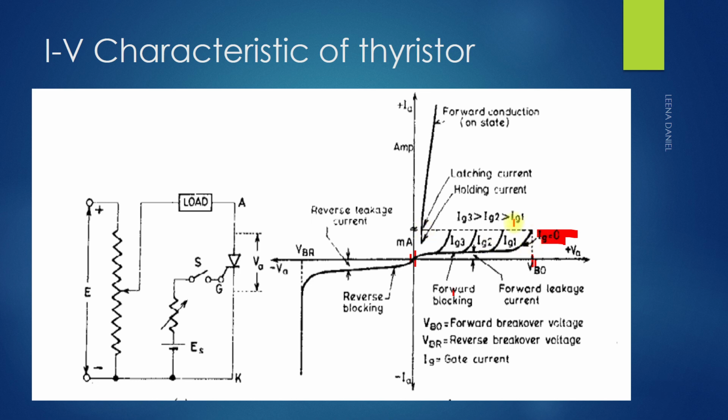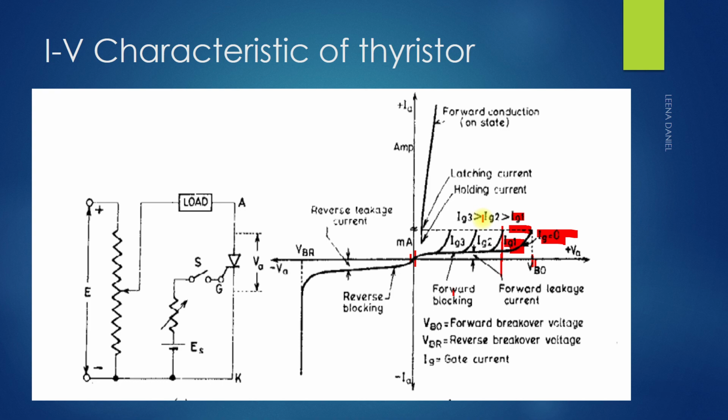But if we increase the gate current, let us suppose Ig1 is the gate current we apply at the gate terminal, the thyristor will turn on at this position. This means we will not get this characteristic, we will get this much curve. So the thyristor will not turn on at VBO, it will turn on before the VBO.